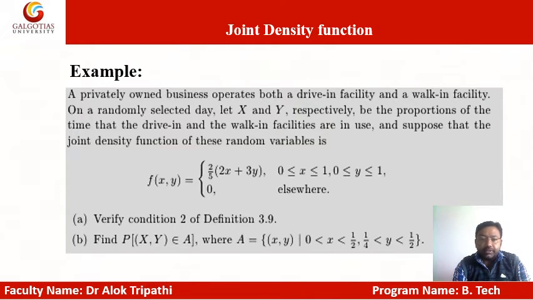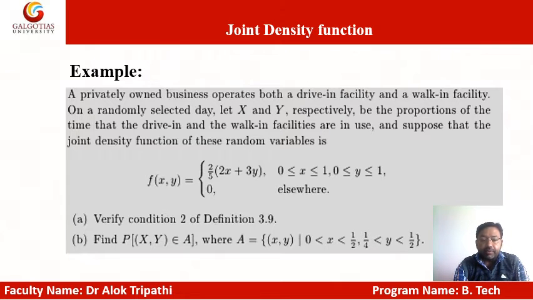And suppose that the joint density function of these random variables is f(x, y) equals 2/5 (2x plus 3y), when x is lying between 0 to 1 and y is lying between 0 to 1, otherwise this is 0.